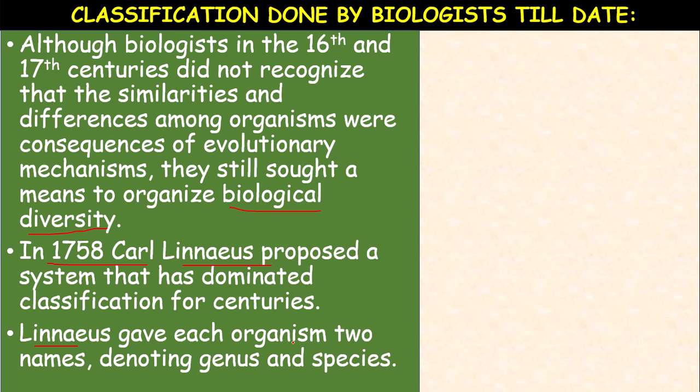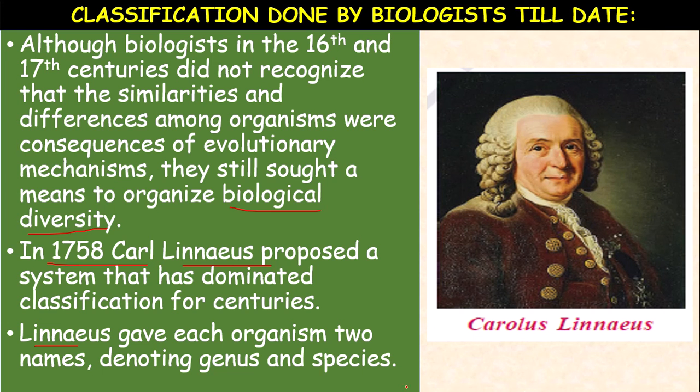Systematics includes four main aspects: identification, classification, nomenclature and taxonomy. Systematics equals identification plus classification plus nomenclature plus taxonomy. Now we call taxonomy the science of classification.